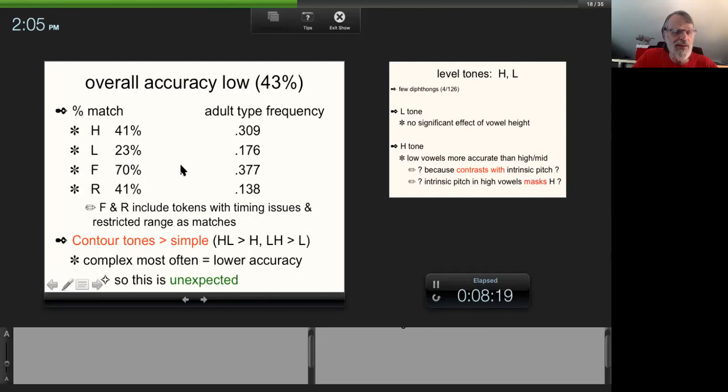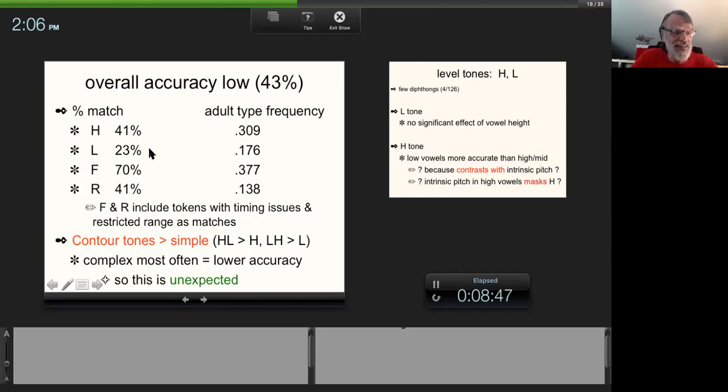Falling tone is better than rising tone, which also perhaps corresponds to type frequency. But falling tones are better than high tones, and rising tones are better than low tones. And that isn't due to differences in type frequencies. And it's surprising because contour tones are complex, and complexity usually means lower accuracy and later mastery. Now, not all children show this effect, but this is unexpected.